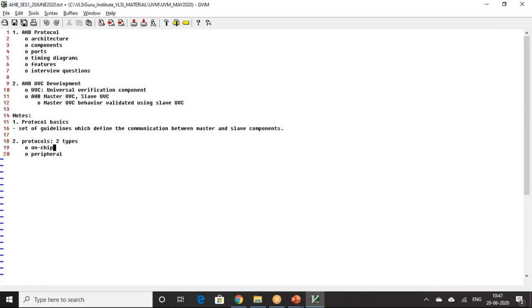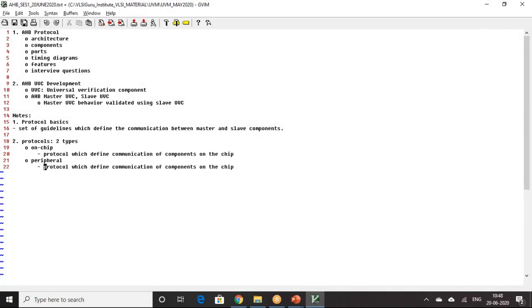As the name suggests, on-chip protocols define the communication of components on the chip. Peripheral protocols define the communication of the components with components outside the chip. One is inside the chip, one is outside the chip.